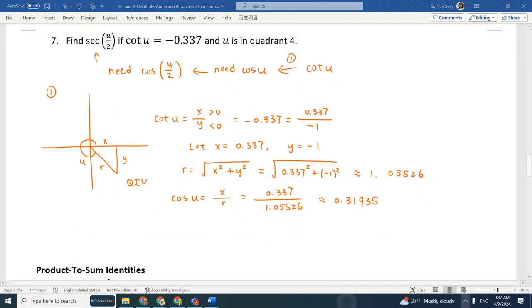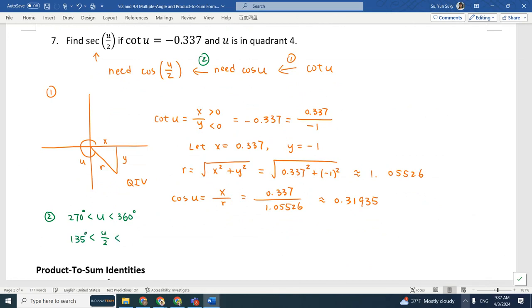Now step 2. Knowing the cosine u, what is the cosine u over 2? Because u is in quadrant 4, what does that mean? Quadrant 4 is 270 degrees to 360 degrees. Do you agree, everybody? How about u over 2? When you divide by 2, what is 270 over 2? 135.